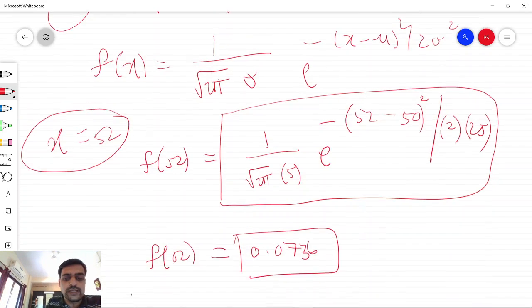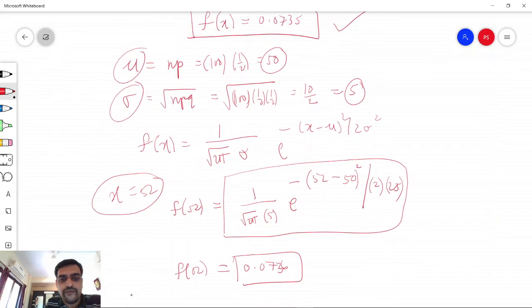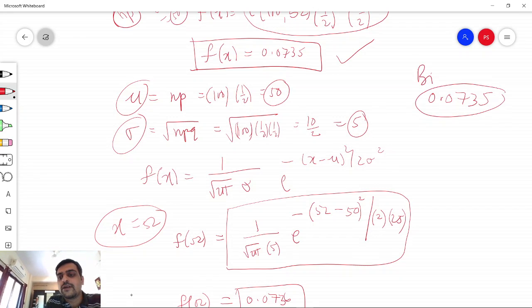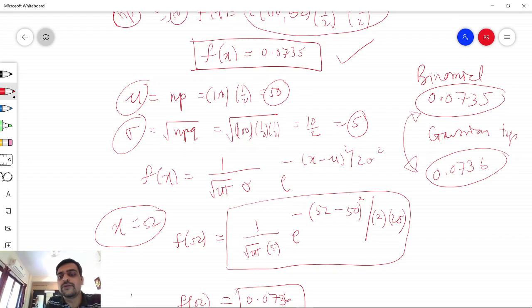So we can just recall that the value of f was 0.0735 when we used the formula for the binomial distribution, and in this case, when we are using the Gaussian type of distribution formula, we are getting the value 0.0736. So we should note that these two values match quite well, obviously if the value of n and the value of n into p are large enough.